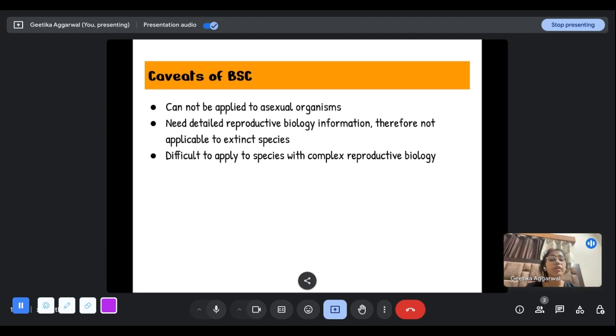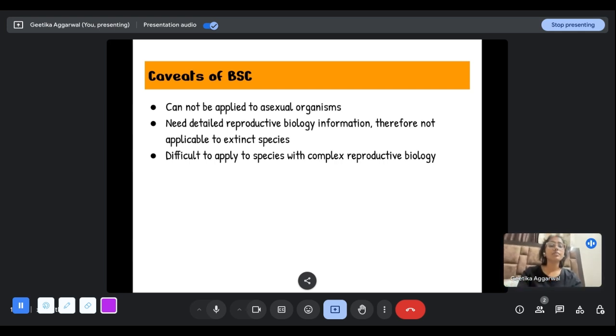It cannot be applied to extinct species for which we do not have detailed reproductive information. Also, to use the biological species concept even on extinct species, you need to have very detailed information about their reproductive biology, about their behavioral ecology.